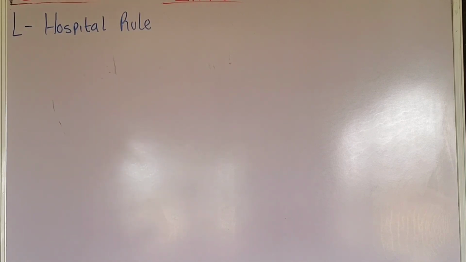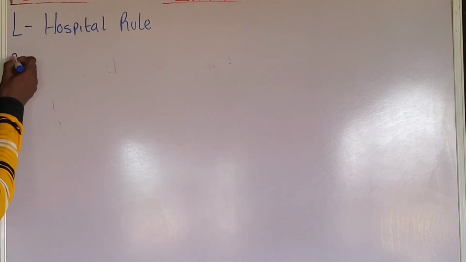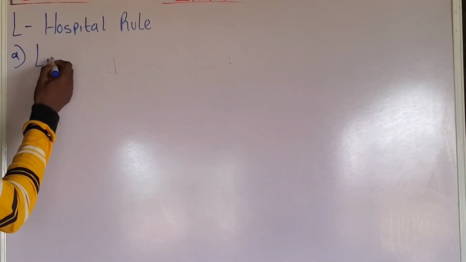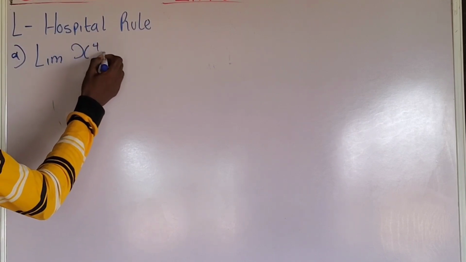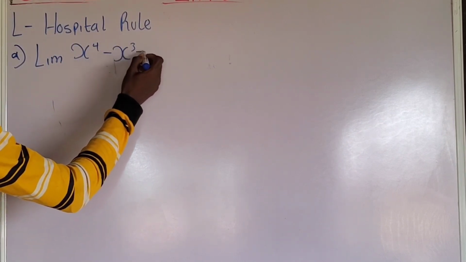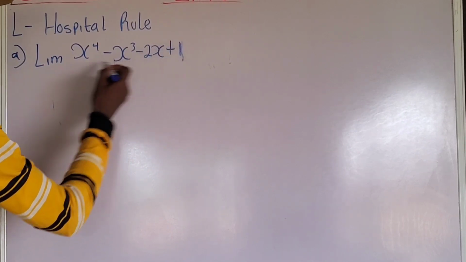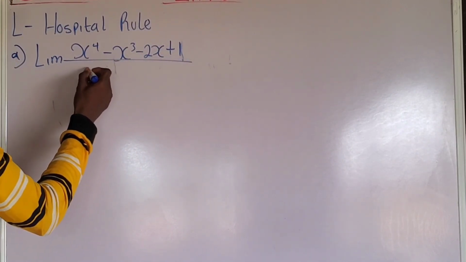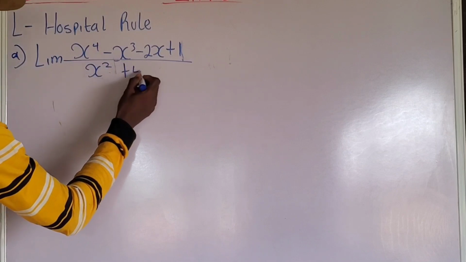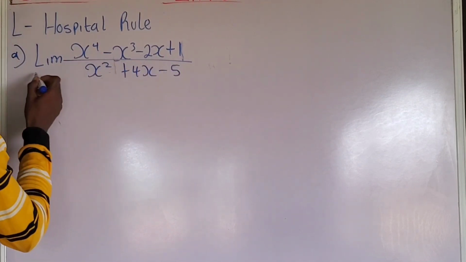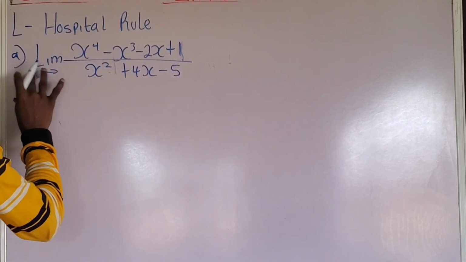So let's consider the question that we have on the board. We have the limit of x to the power of 4 minus x to the power of 3 minus 2x plus 1, all over x to the power of 2 plus 4x minus 5, as x tends to infinity.